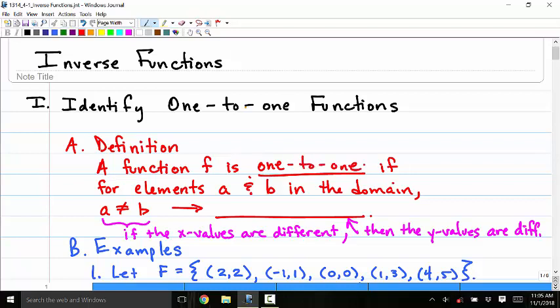So a function f is one-to-one if, for elements a and b in the domain, if you pick different x values, so if a does not equal b, then f of a does not equal f of b. As long as you pick different x values, you get different y values.